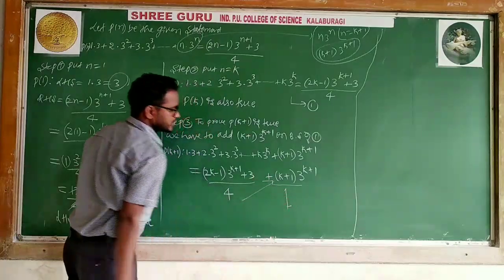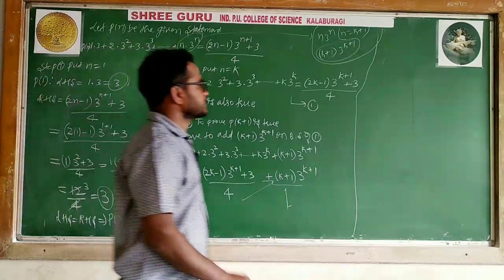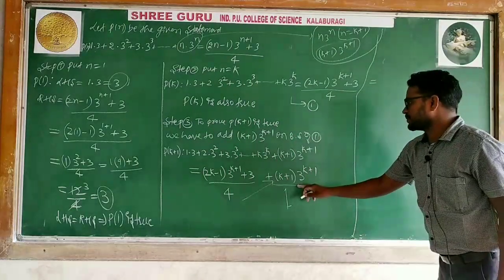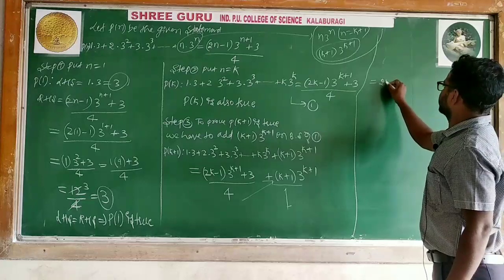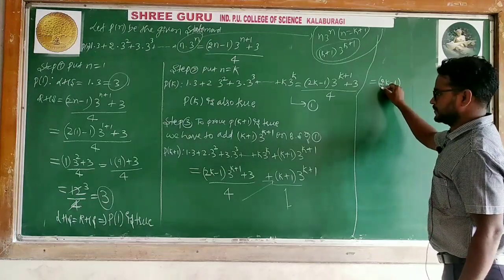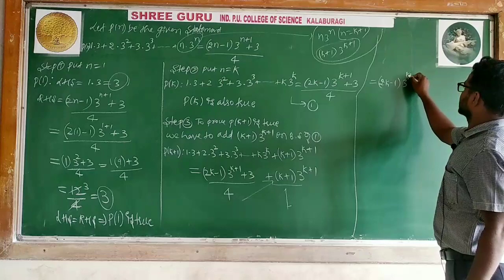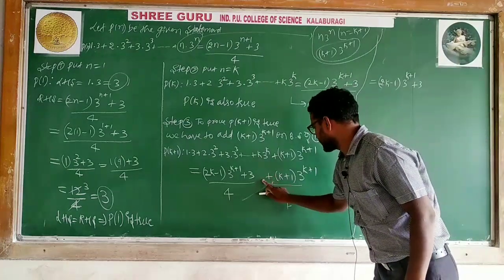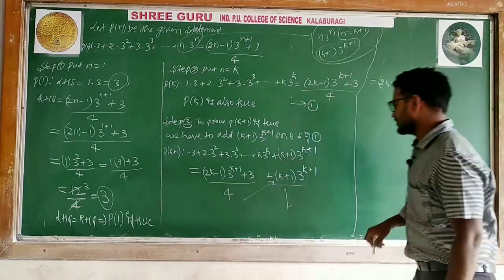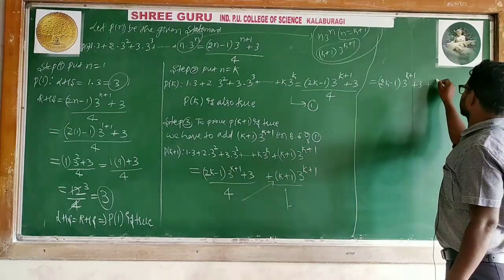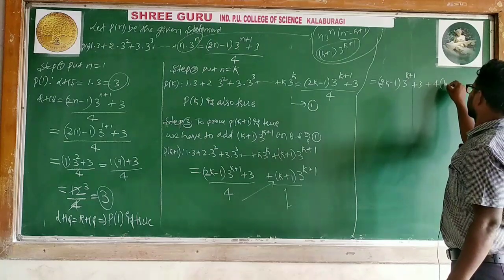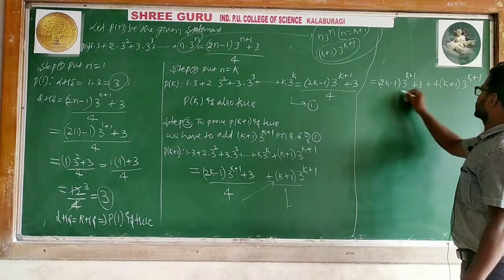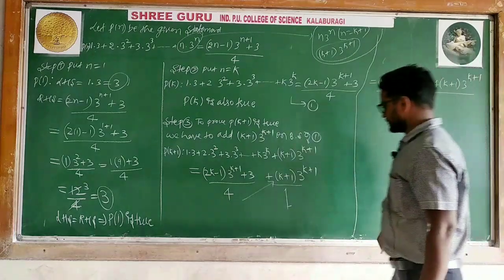Can I simplify here? Yes. Multiply by 4: 2k minus 1 times 3 to the power k plus 1 plus 3, plus 4 into k plus 1 times 3 to the power k plus 1, whole divided by 4, isn't it?